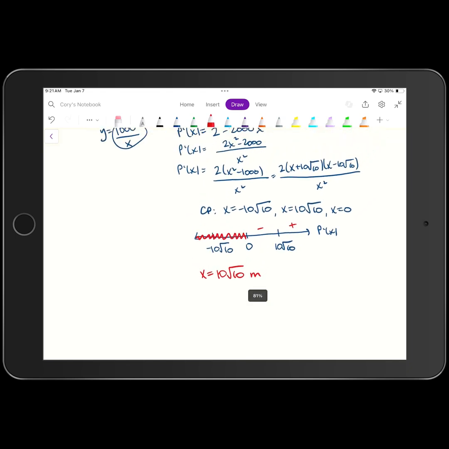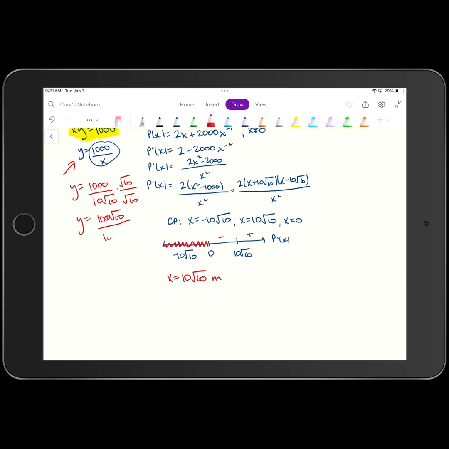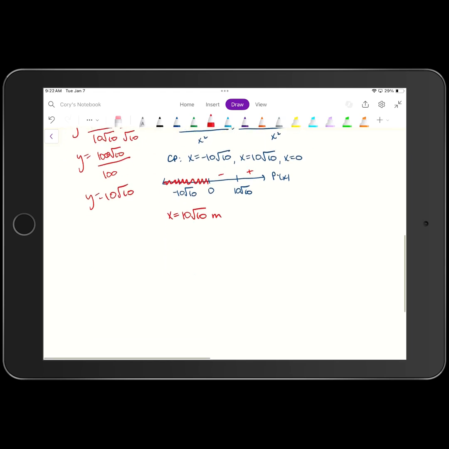And then to figure out what y is, we're just going to plug 10 rad 10 into this equation right here up at the top. We get y equal to 1000 divided by 10 rad 10, which when I rationalize the denominator, we get y equal to 1,000 rad 10 divided by 100, and y simplifies to 10 rad 10.